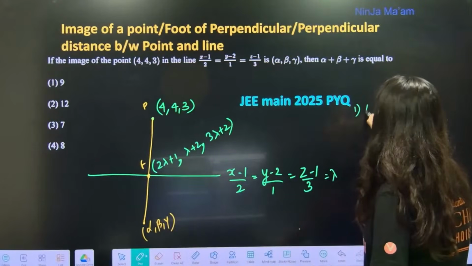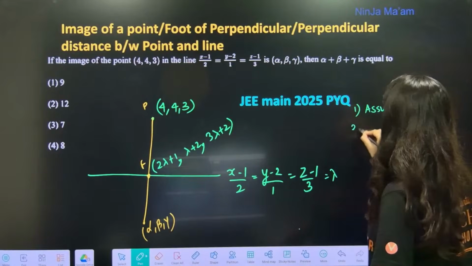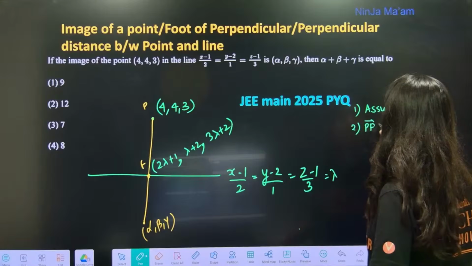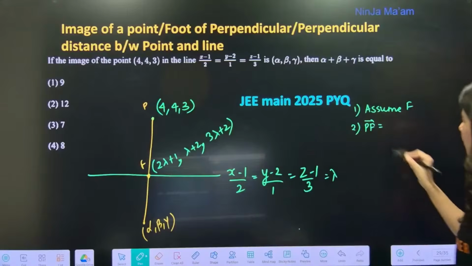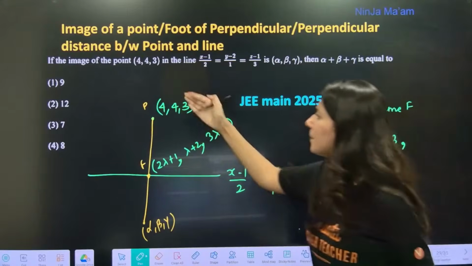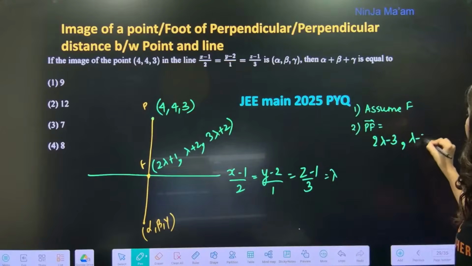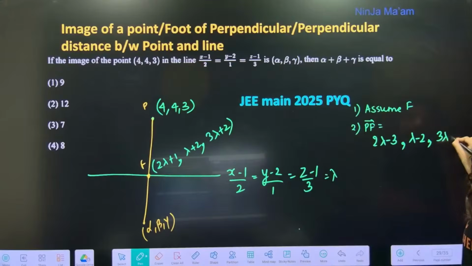First step, assume lambda, assume F. Second step, calculate PF vector. Everybody can tell me PF vector: 2 lambda plus 1 minus 4, so 2 lambda minus 3, lambda plus 2 minus 4, so lambda minus 2, 3 lambda minus 1.